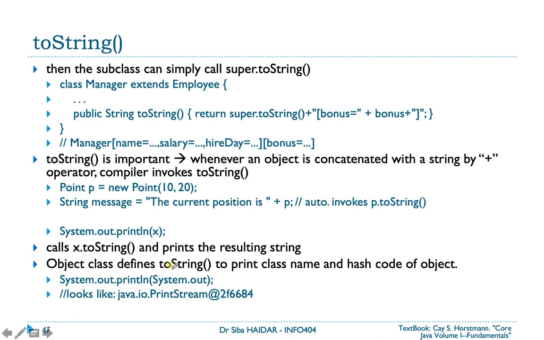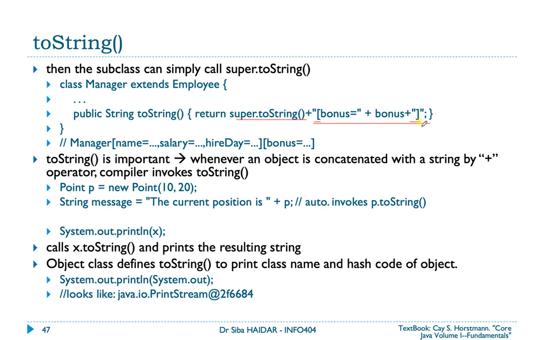And of course, just like we did with hashCode and equals, from inside the Manager class you only have to call the super method and then add to it the additional fields, name and value separated by the equal sign. This way you have a square bracket every time you have a subclass.